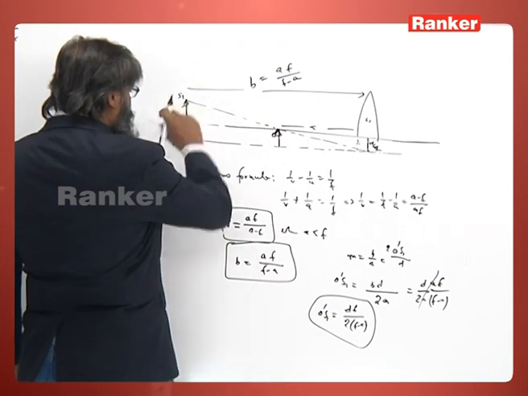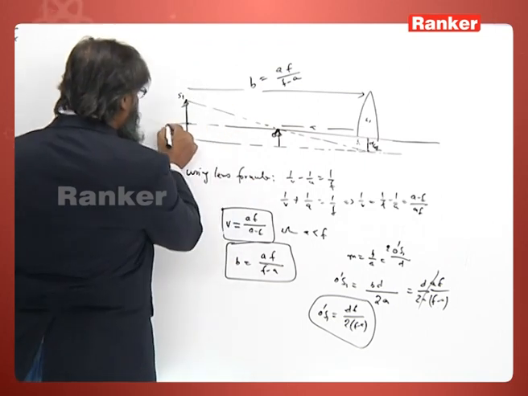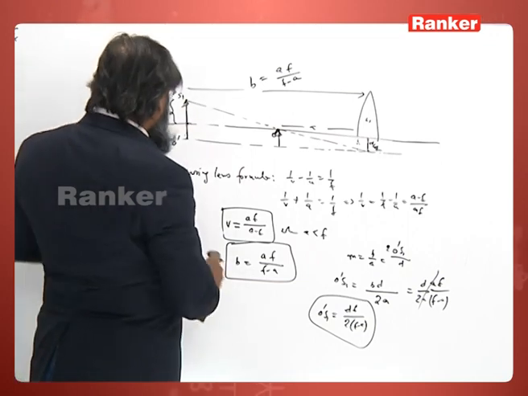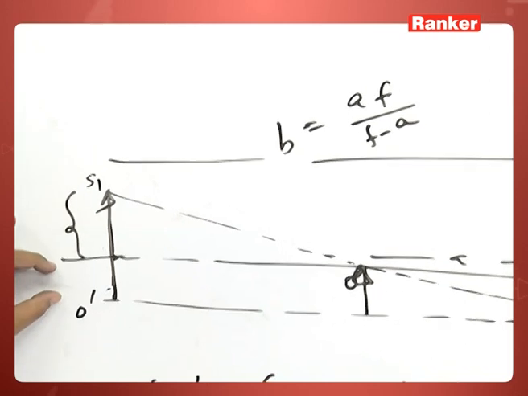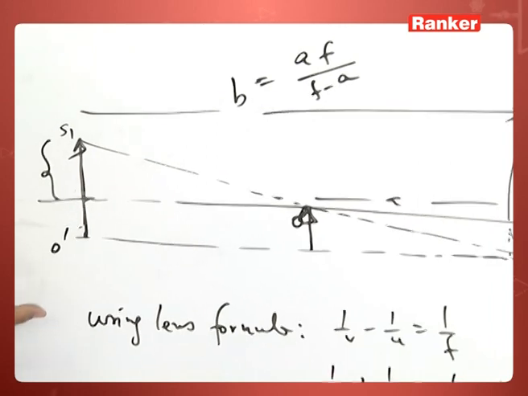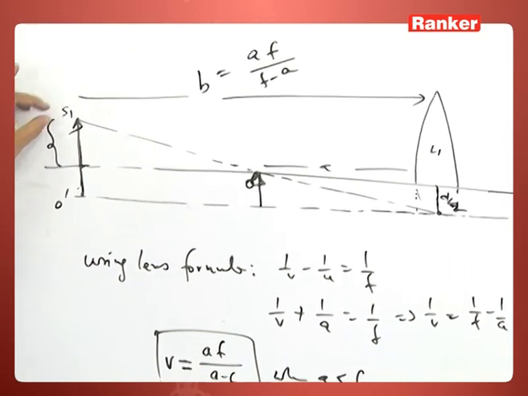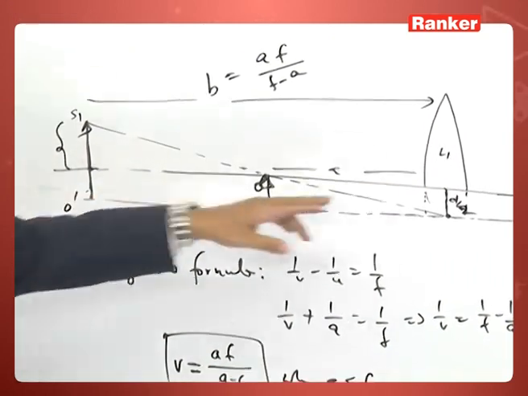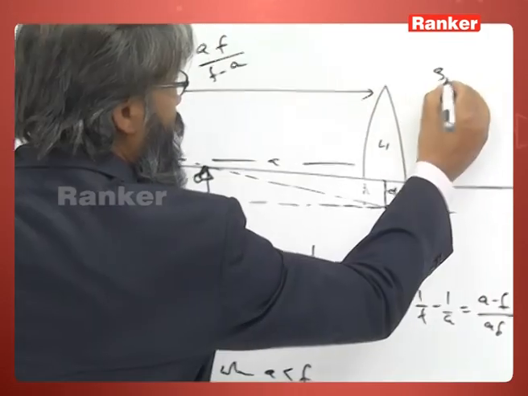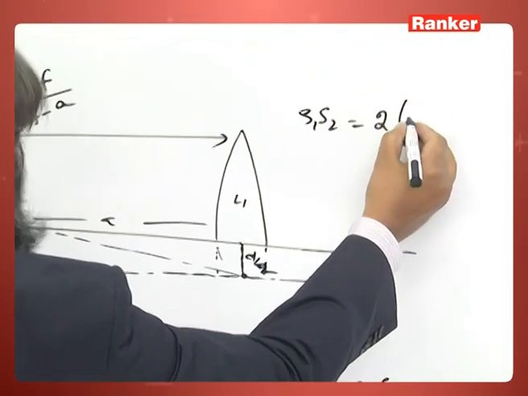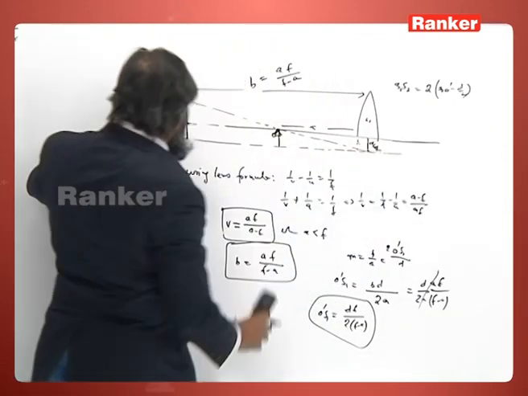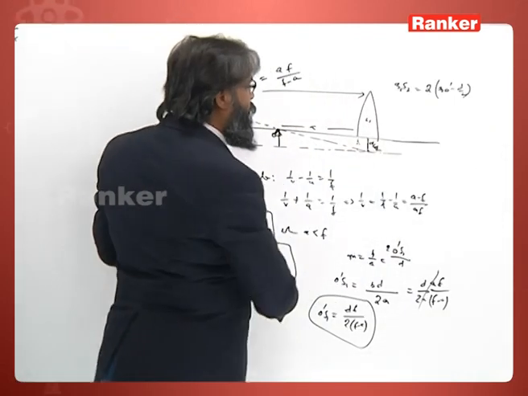Now, we got O dash S1, but actually we require this thing. So this will be O dash S1 minus D by 2. This S1 is one image, and there is another image S2 formed from the lower half, so S1S2 will be 2 times (S1 O dash minus D by 2). So that 2 times this distance is S1S2.